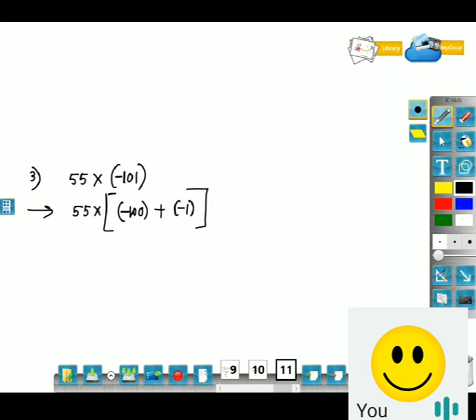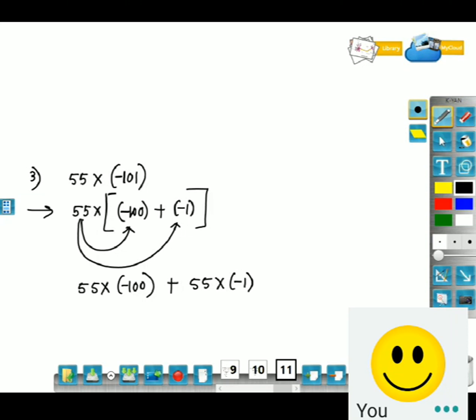Now according to the distributive property, we have to multiply 55 with minus 100, and also multiply 55 with minus 1. So we can write it as 55 into minus 100 plus 55 into minus 1. 55 into minus 100 will be minus 5500, plus 55 into minus 1, which will be minus 55.